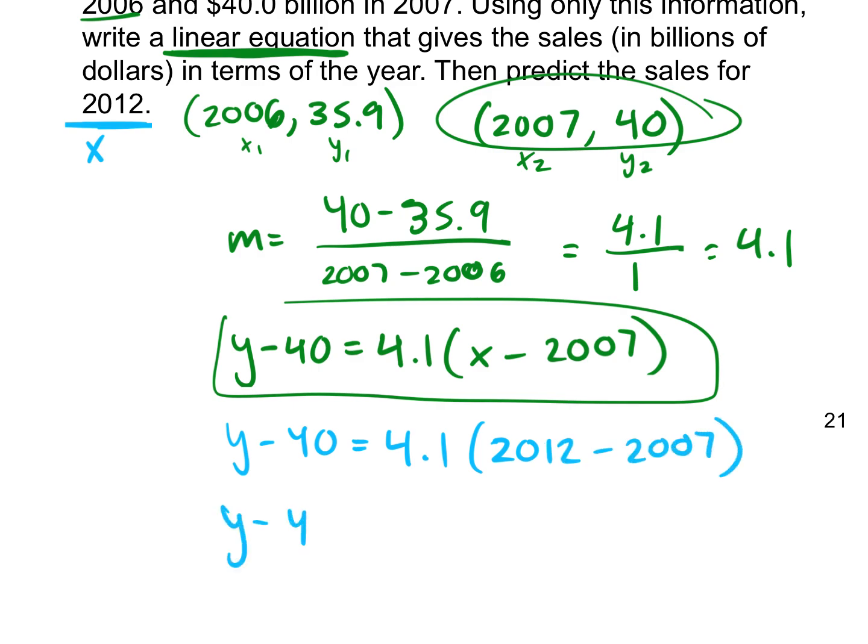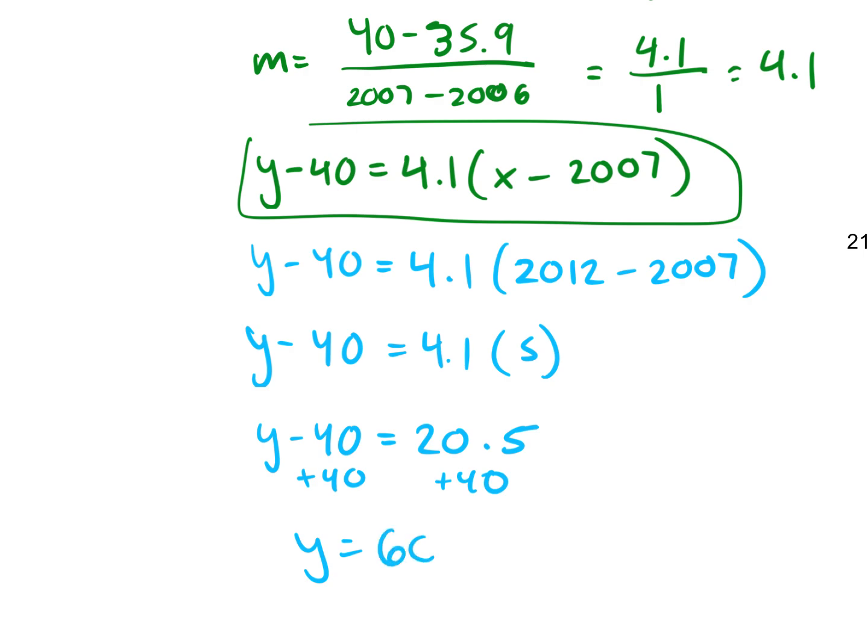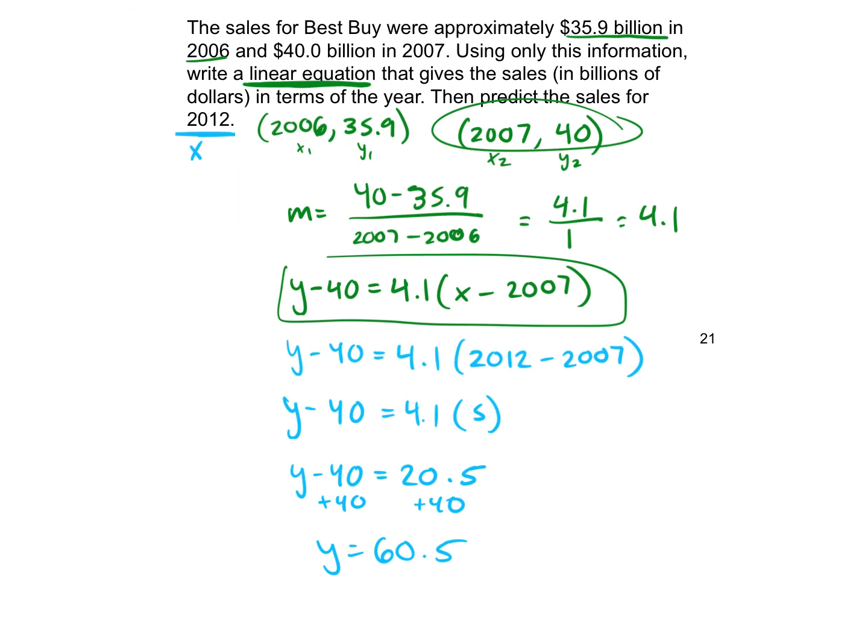So y minus 40 is equal to 4.1 times 5. 4.1 times 5 would be 20.5. And then add 40. So our y would be 60.5 billion.